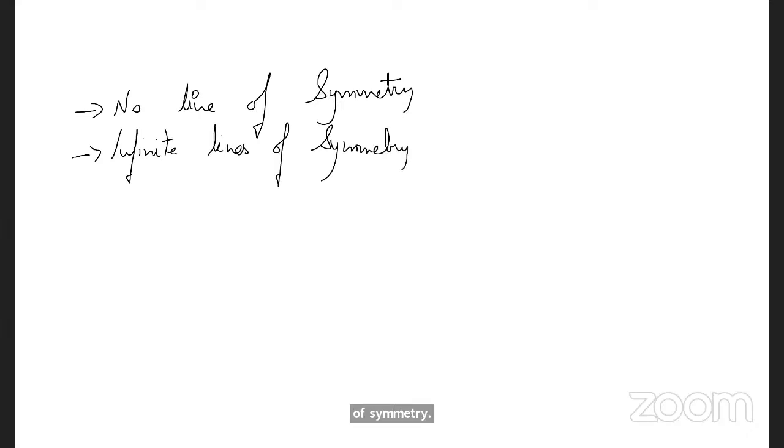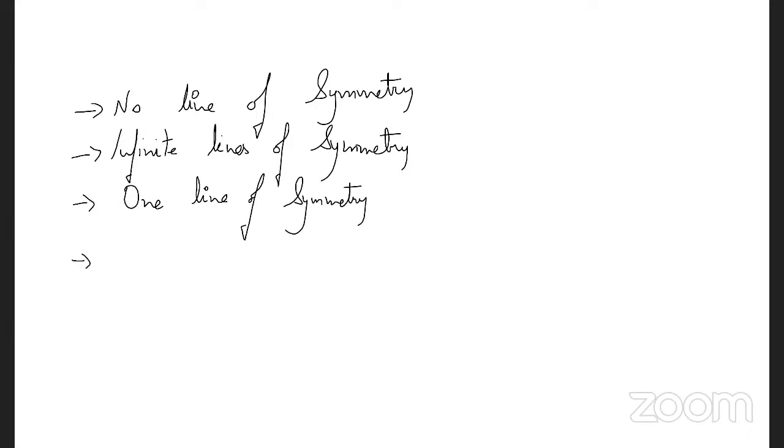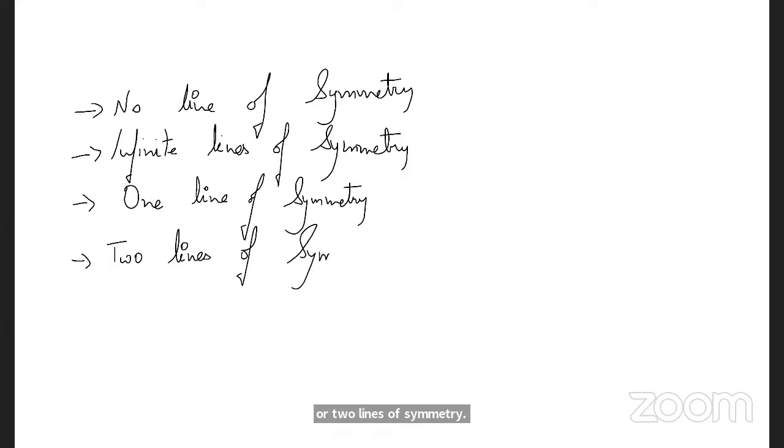Then we have figures which have one line of symmetry, or two lines of symmetry. Ma'am, a kite has one line of symmetry. Yes, Edric, that's right. Or multiple lines of symmetry.